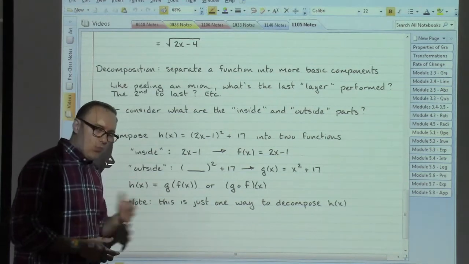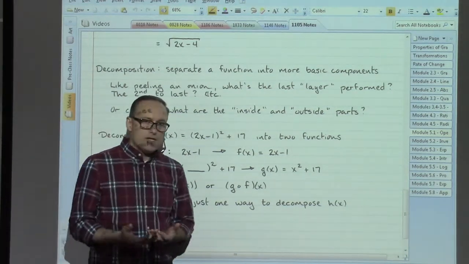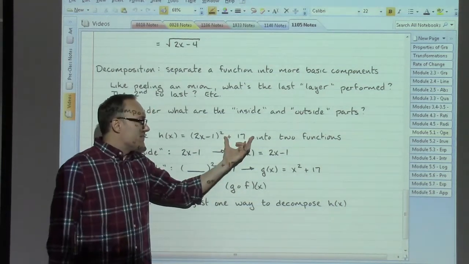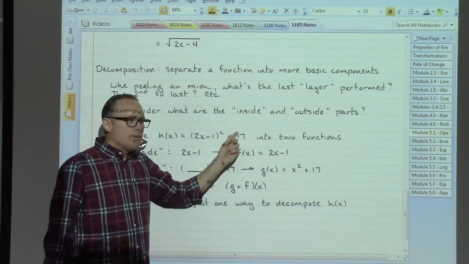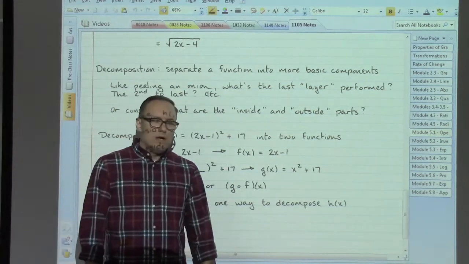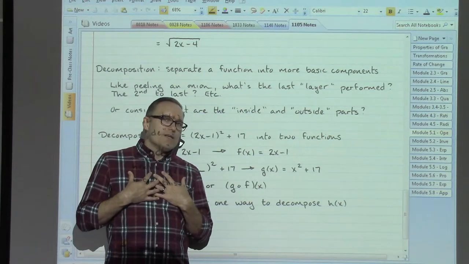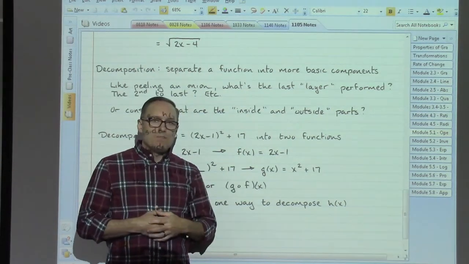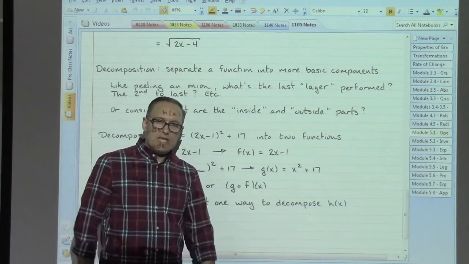But this is only just one way of decomposing things. So just to mention another quick way of looking at stuff, you might say, hey, I think it's really simple to talk about this plus 17 as being on the outside of this squared stuff. So maybe I want to say my version of f of x is going to be x plus 17, a thing plus the 17.